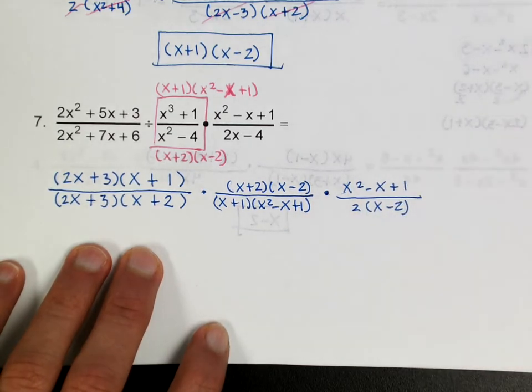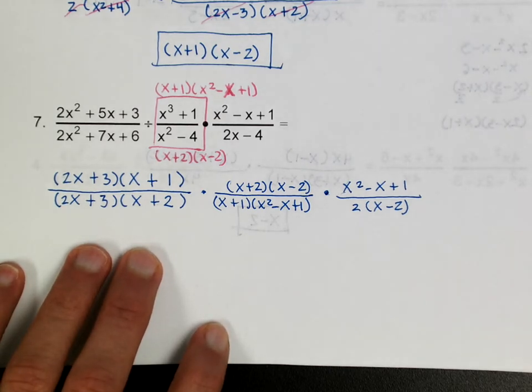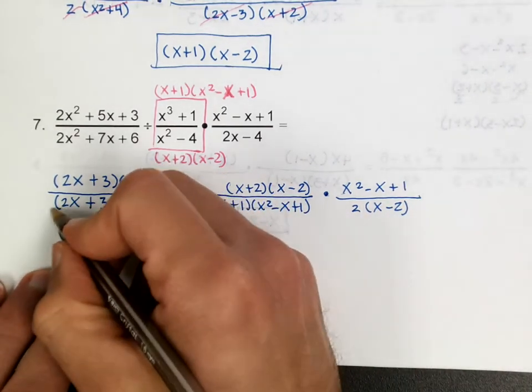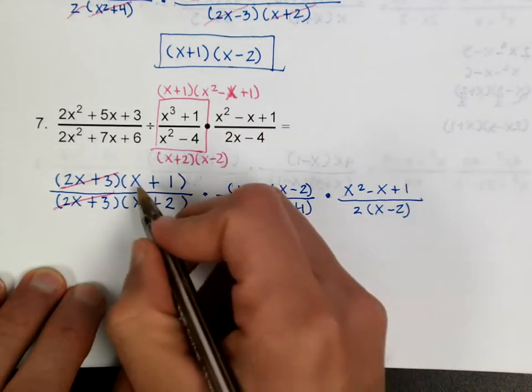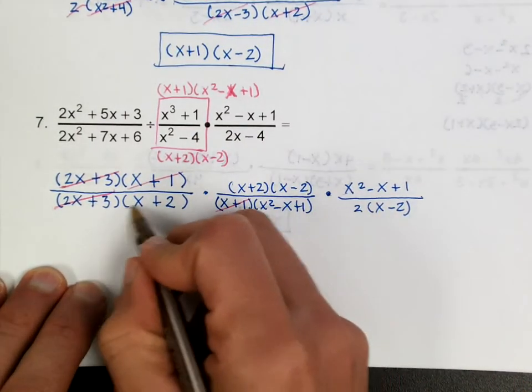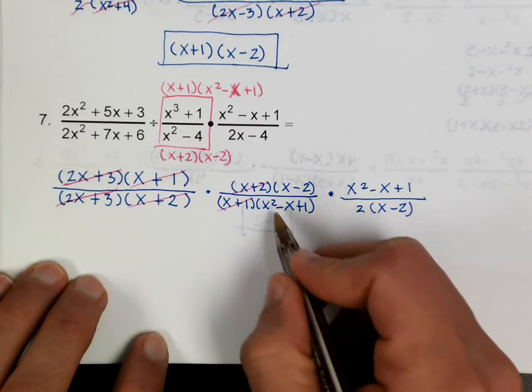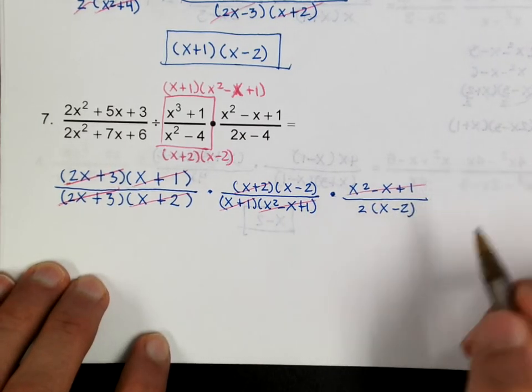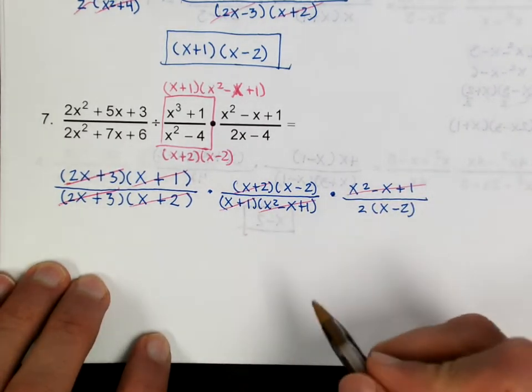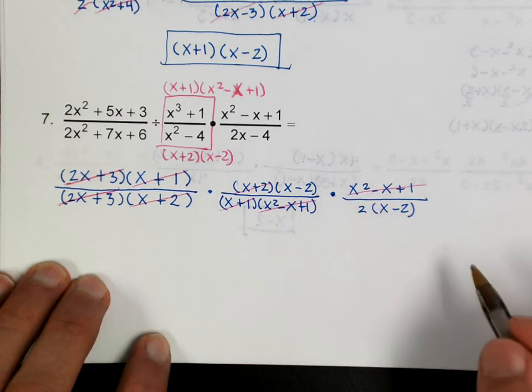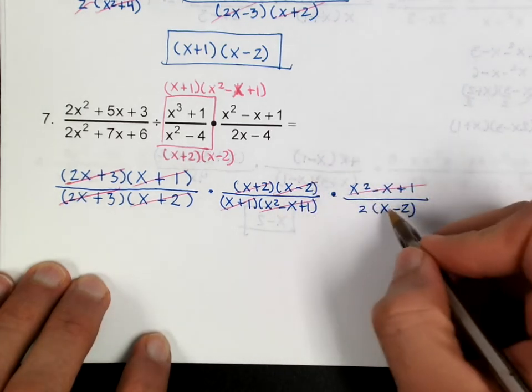And then after that, then becomes the really satisfying part of just canceling everything out. Alright, 2x plus 3 can cancel that. X plus 1 can cancel this. X plus 2's cancel. Now all of this would cancel all of this. Notice that I'm not canceling each term at a time. It doesn't work like that. It's all of it or nothing. Alright, and then finally x minus 2's cancel.